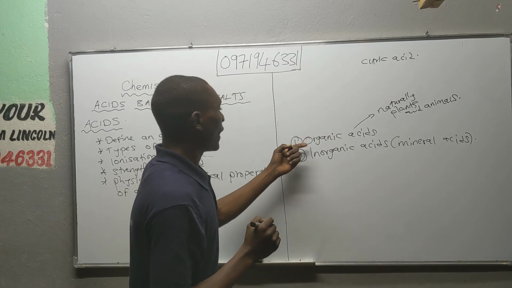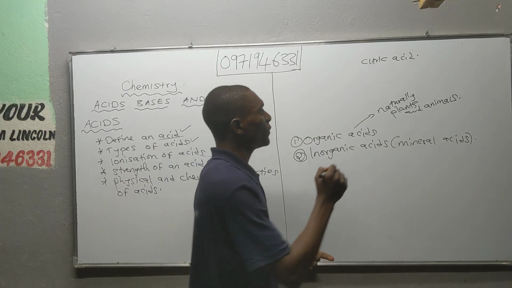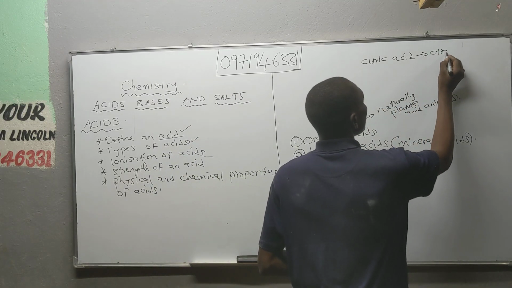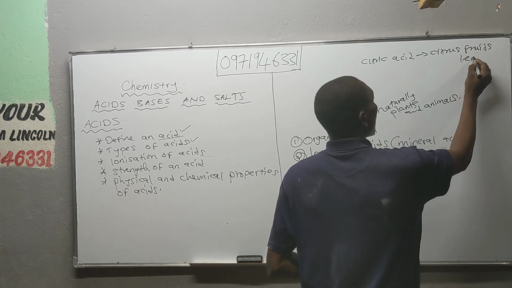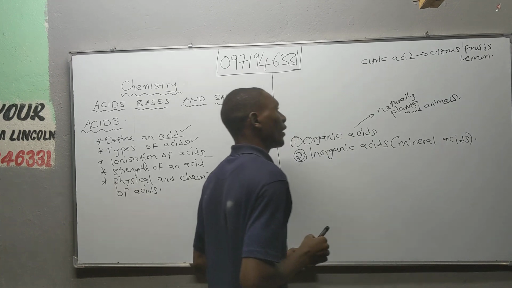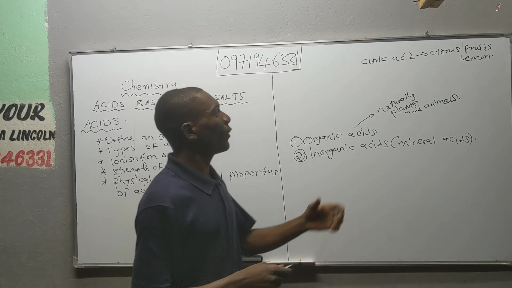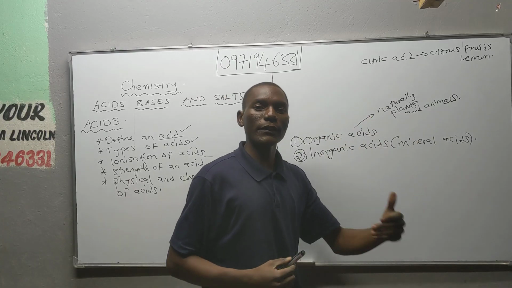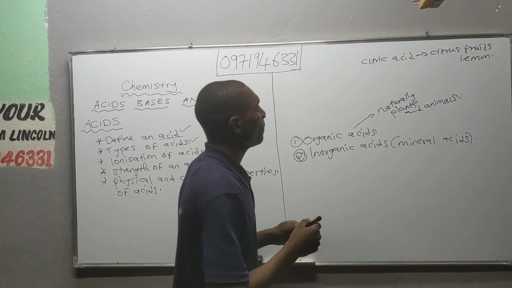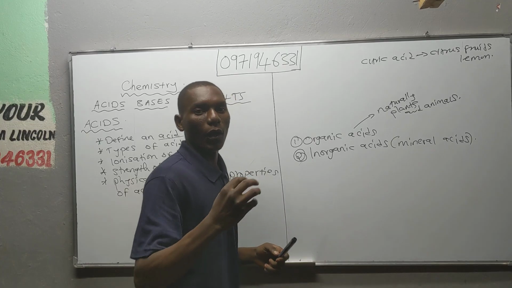Citric acid is an organic acid which is found in citrus fruits. An example of a citrus fruit is a lemon. So the type of acid found in citrus fruits, for example a lemon, is citric acid.